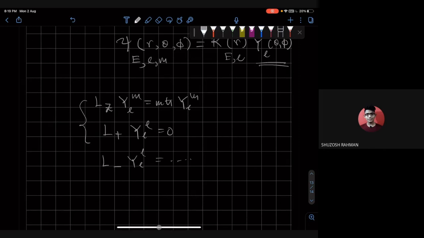And that's it. This is conceptually very easy. Mathematically, it's a bit involved, but conceptually, this is not very hard to understand.